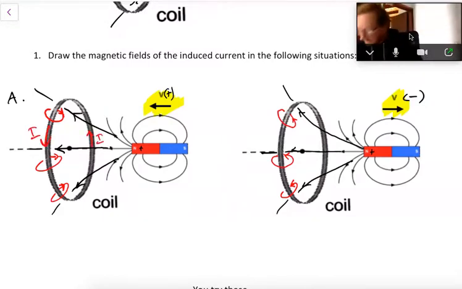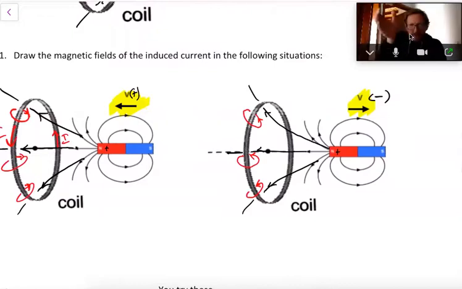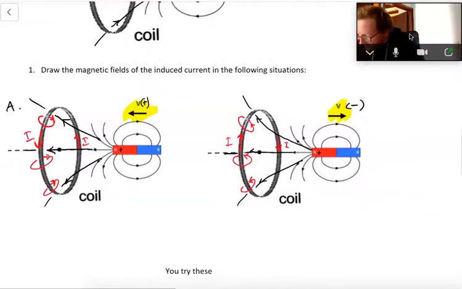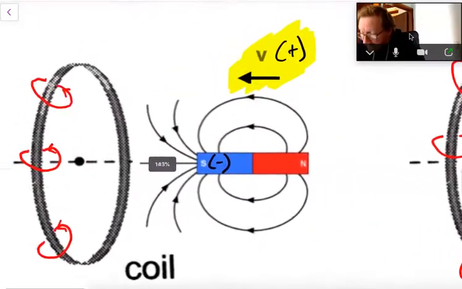On this next situation, it's the opposite happening, so it should have the opposite. Let's find out. Yeah, because my curl should be like this. It's going to the left from inside the coil, right? So this will be going upward, going downward. Now we're taking out positives, so we're subtracting a positive here, which is the same as adding negatives, right?